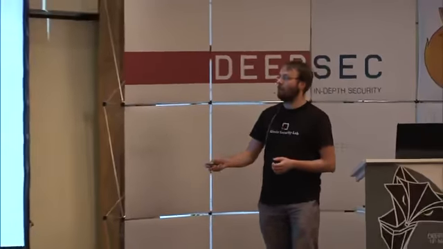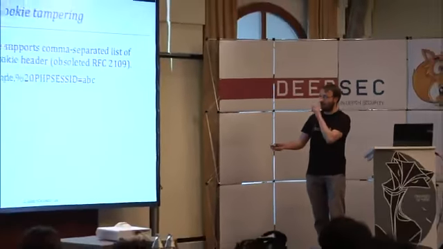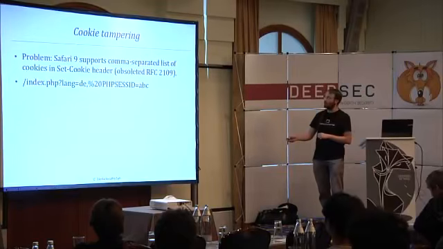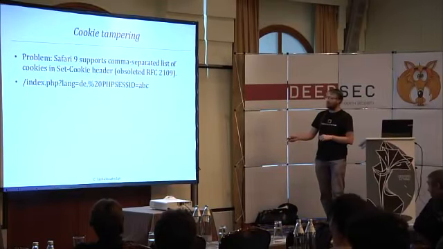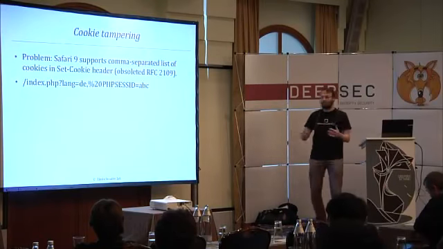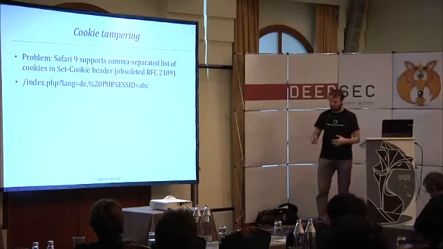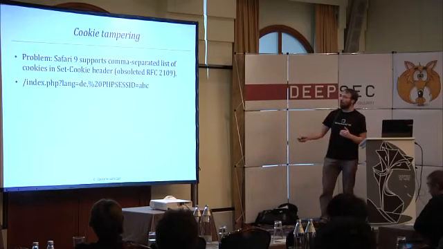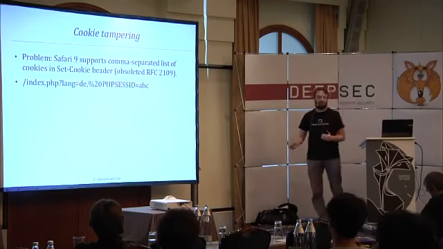How does this cookie tampering look? Let's assume that you've got something like index.php, and you can normally specify the parameter lang, like language, and the value DE. In the response, in a very typical scenario for almost every website, you will see Set-Cookie with the name lang and value DE, right?